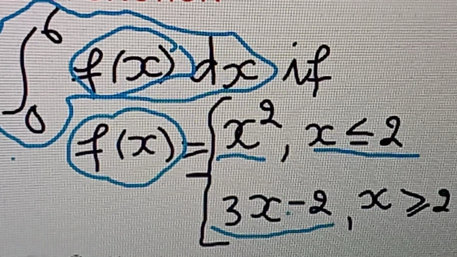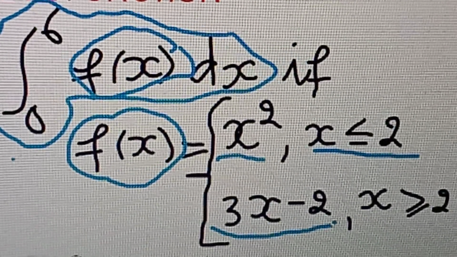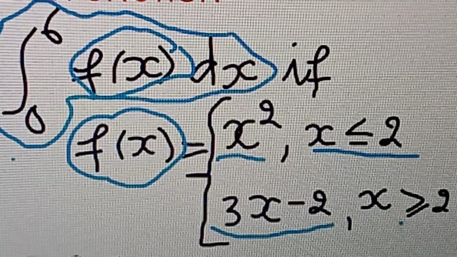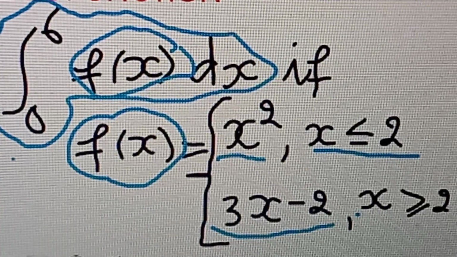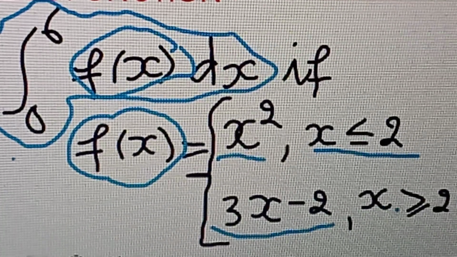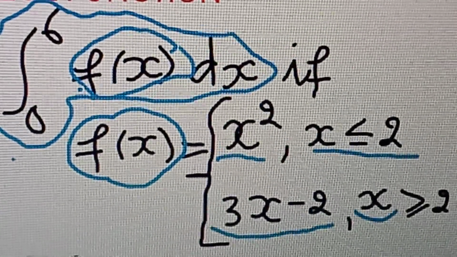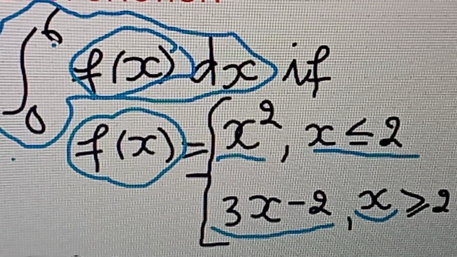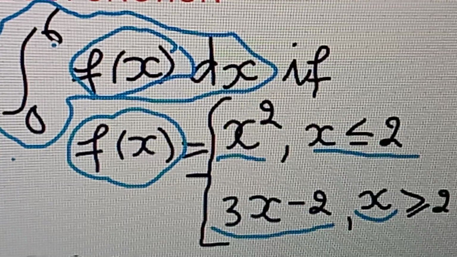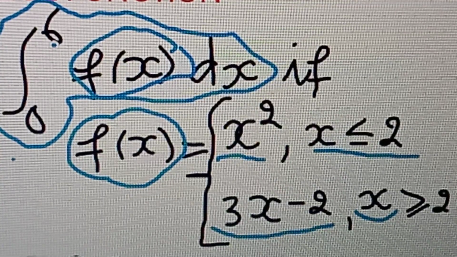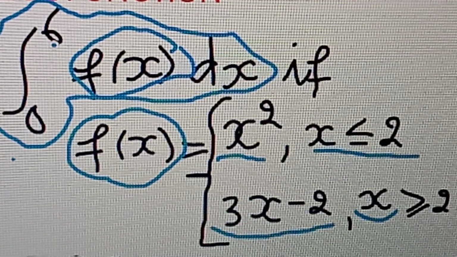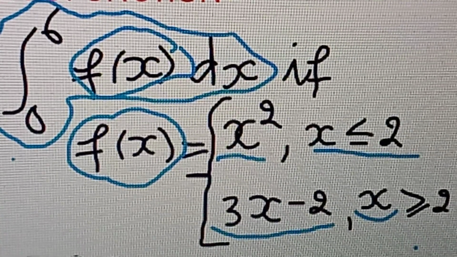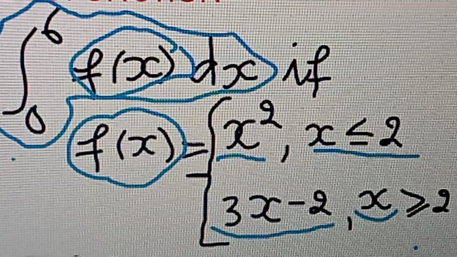And then we also have 3x minus 2, where the lower boundary is 2 and the upper boundary is x. And even if the upper boundary is x, it is given here that it does not go beyond 6. This is an example of a piecewise function. Anyway, when you see this kind of function, understand that it is called a piecewise function.